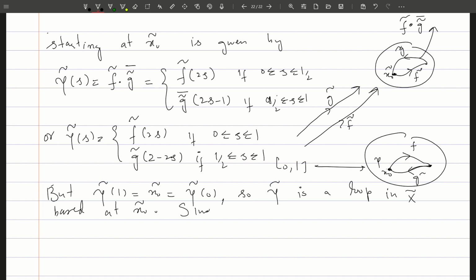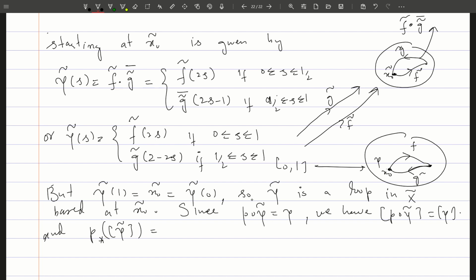So since p composite with gamma tilde is gamma, we have the homotopy class of p composite with gamma tilde is actually the homotopy class of gamma, and hence p star of the homotopy class of gamma tilde will be gamma.